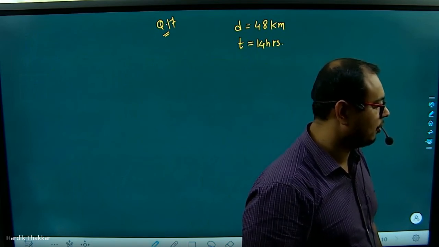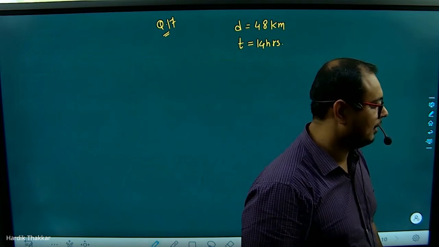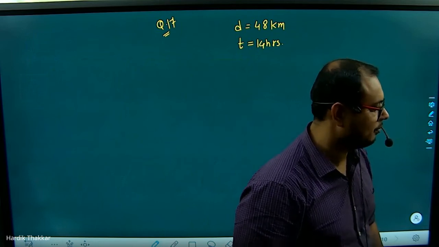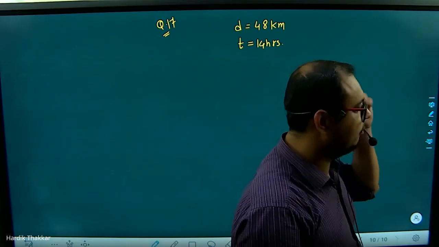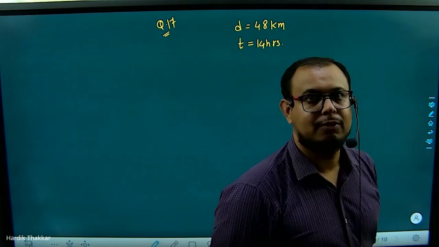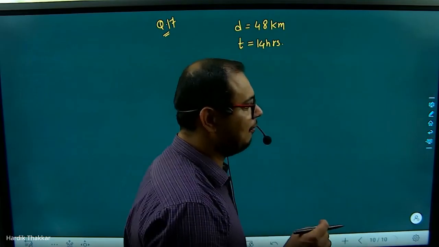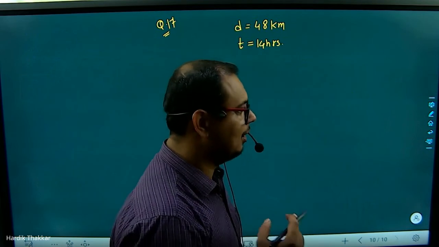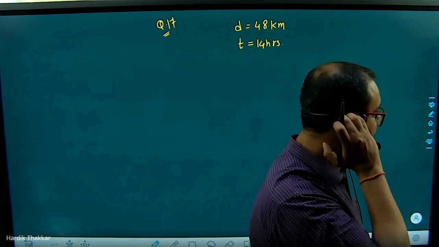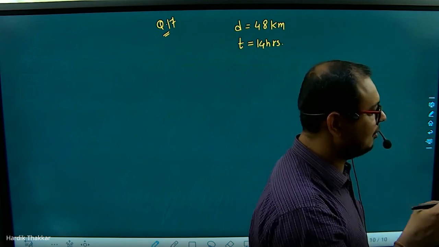He can row 4 kilometer with the stream in the same time as 3 kilometer against the stream. Upstream, downstream, so what? Because same direction and opposite direction? No, that 4 kilometer is not speed, it is distance. Do you understand? He finds that he can row 4 kilometer with the stream. With the stream means downstream.